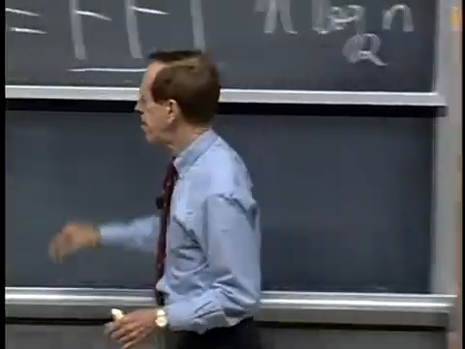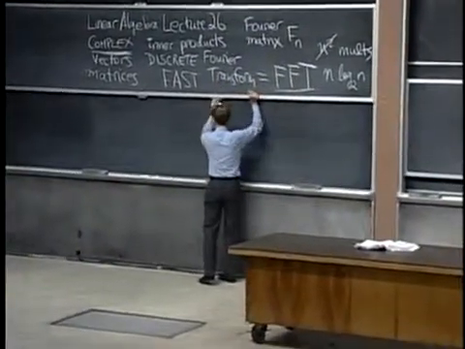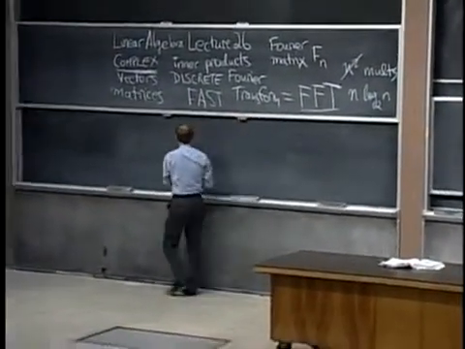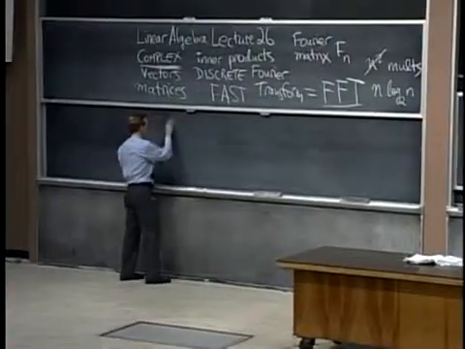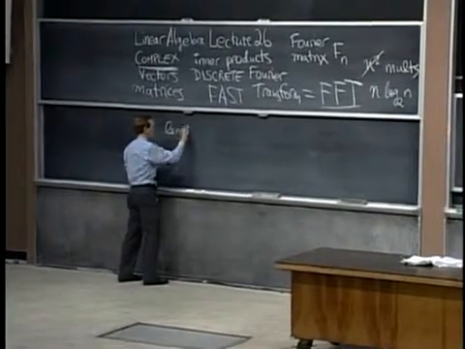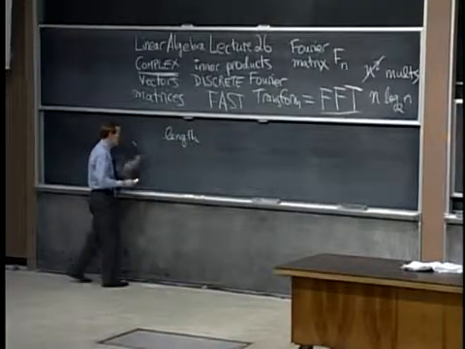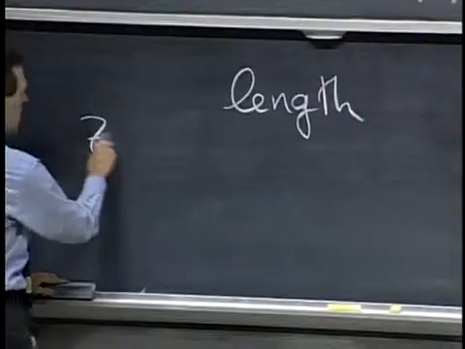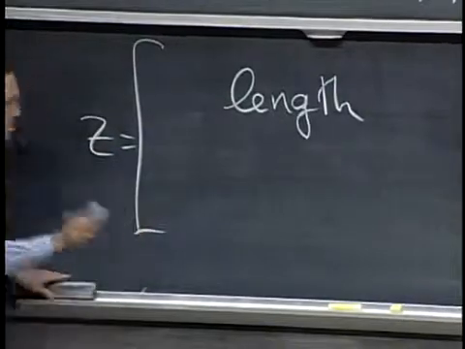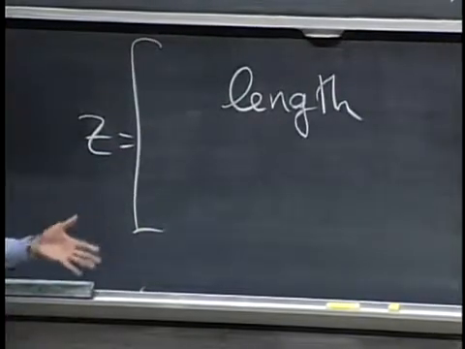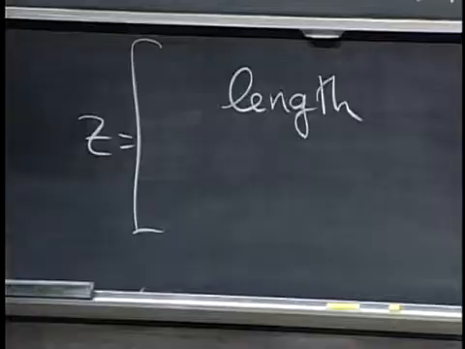Okay, so what's the deal? All right, the main point is, what about length? I'm given a vector x, or let me call it z, as a reminder that it's complex for the moment. But later I'll call the components x. They'll be complex numbers.